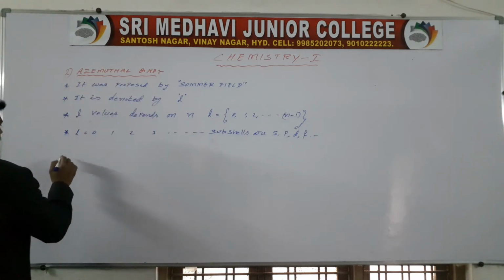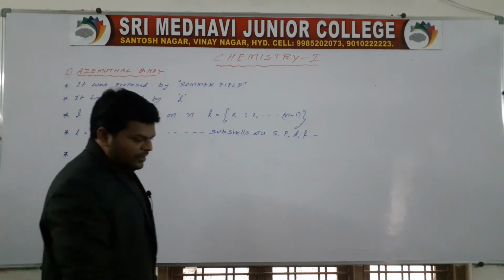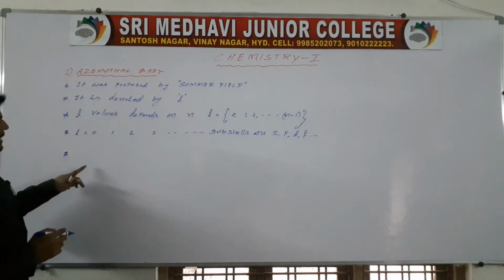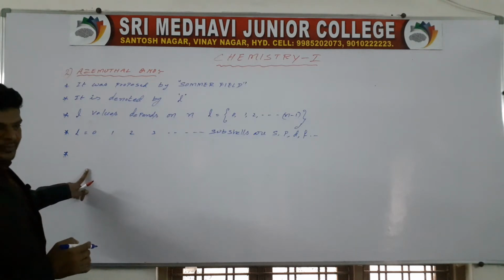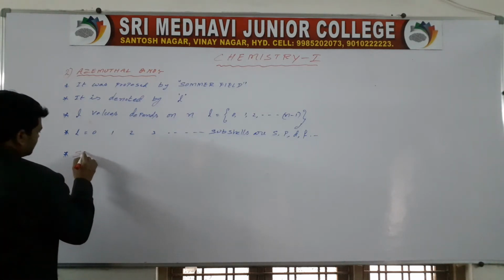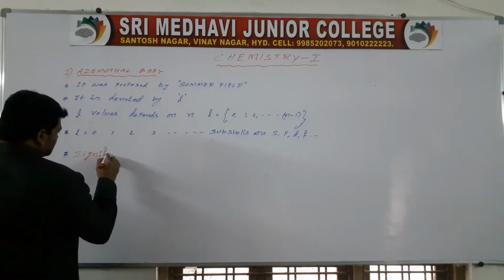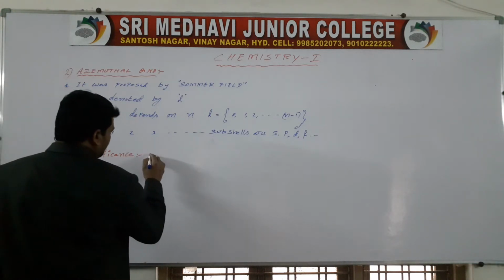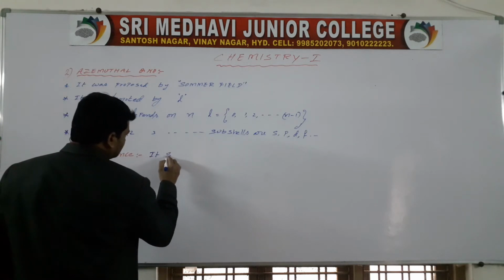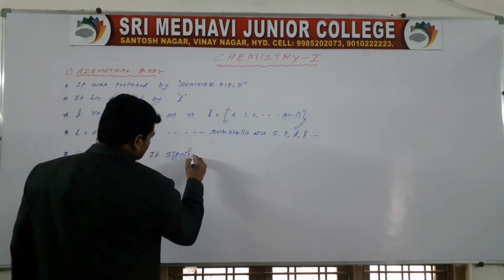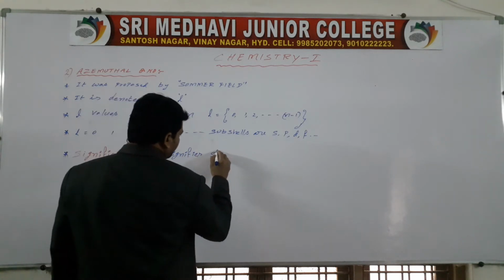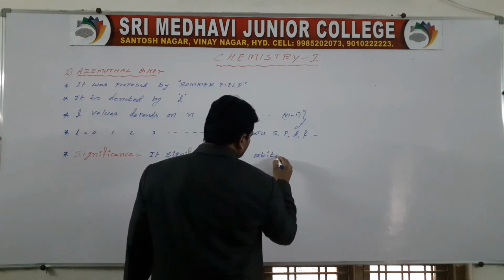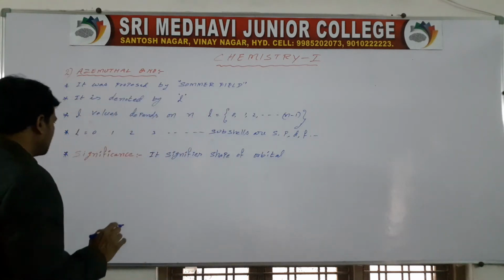Now you have to know the significance of L. The significance of L is that it signifies the shape of the orbital.